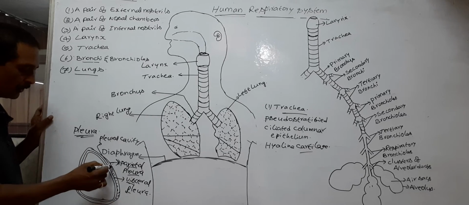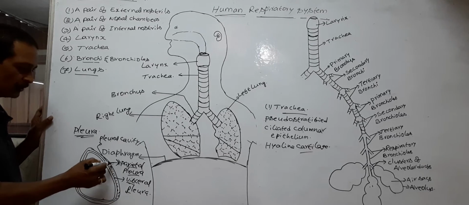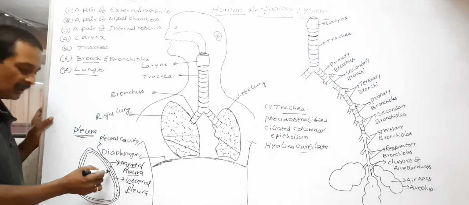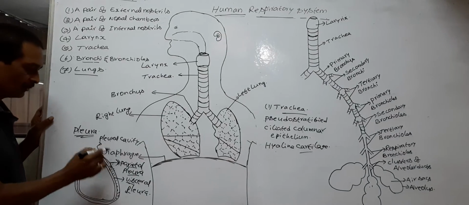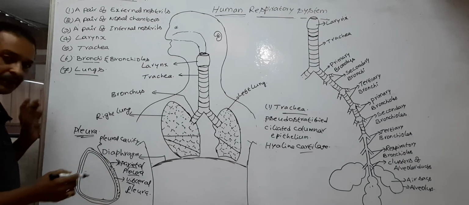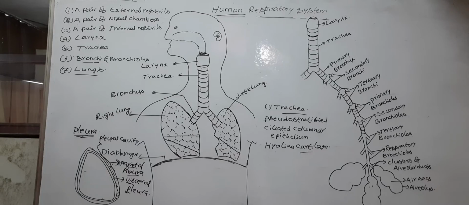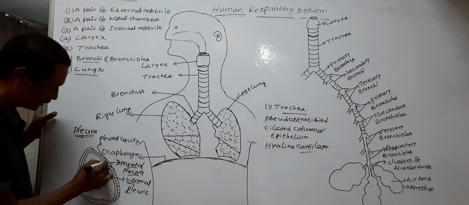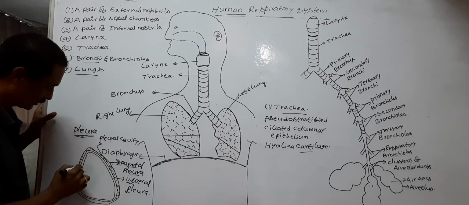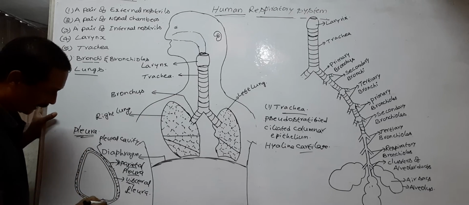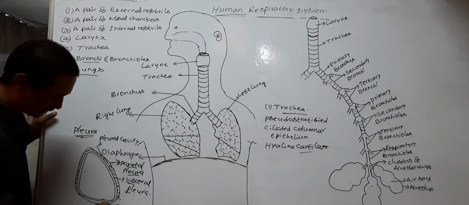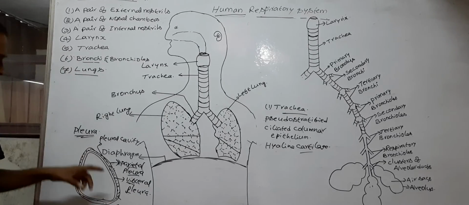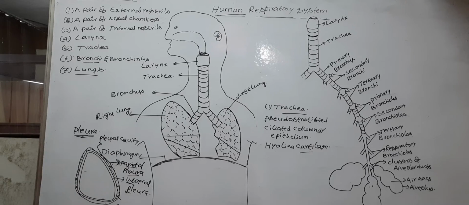It is produced by the pleural layers. The pleural fluid acts as a lubricant.